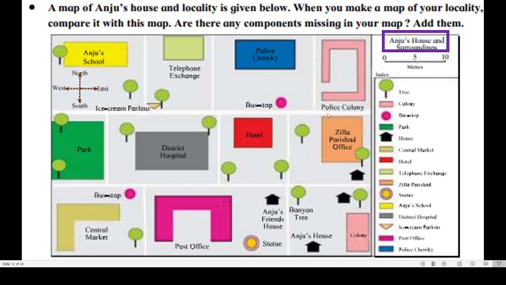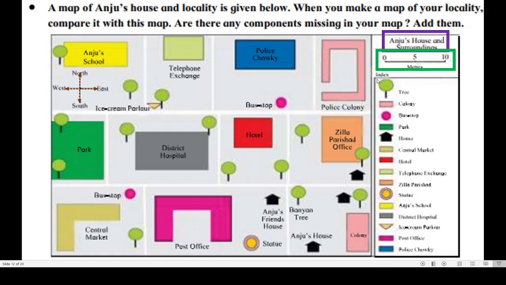Now we will move to the third one. That is, scale must be there. See, this is a scale. 0 to 5 to 10 meters. In meters, in kilometers, in centimeters. We can use any scale according to the map. So the third thing is also there, that is, scale is mentioned here.